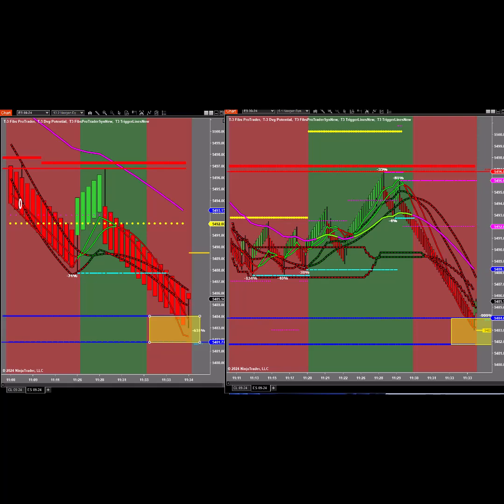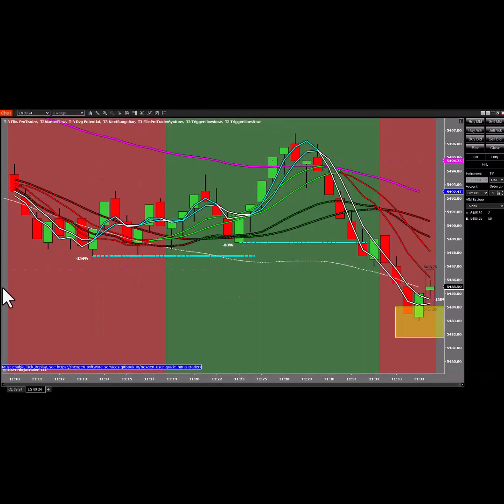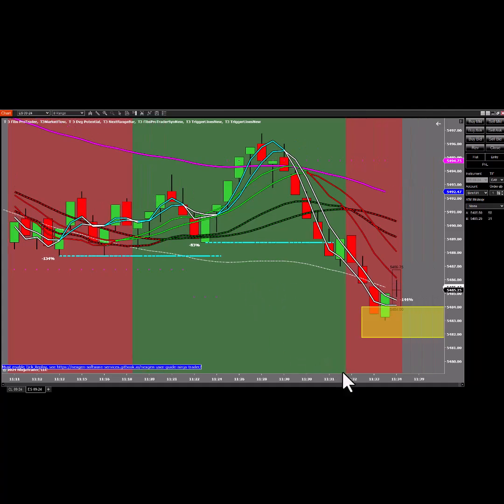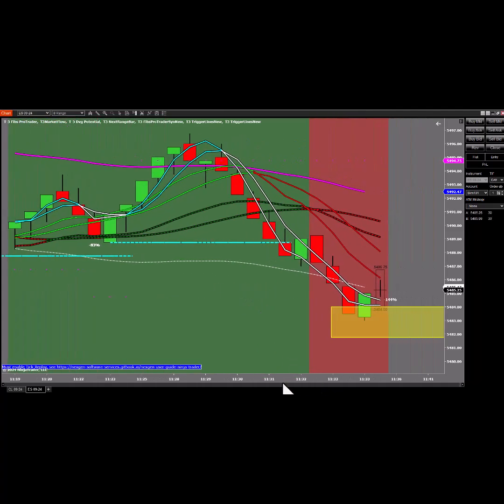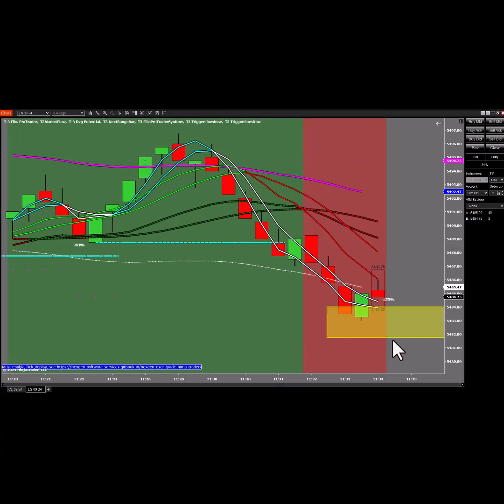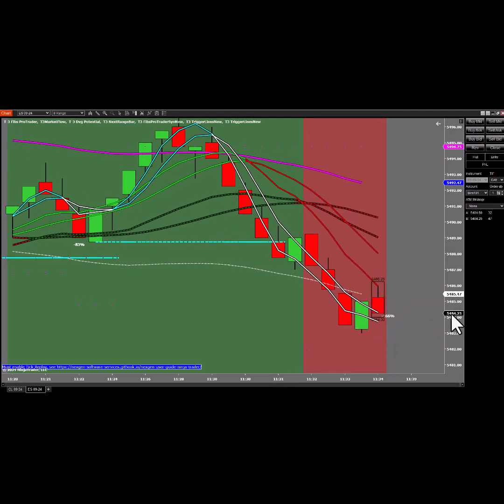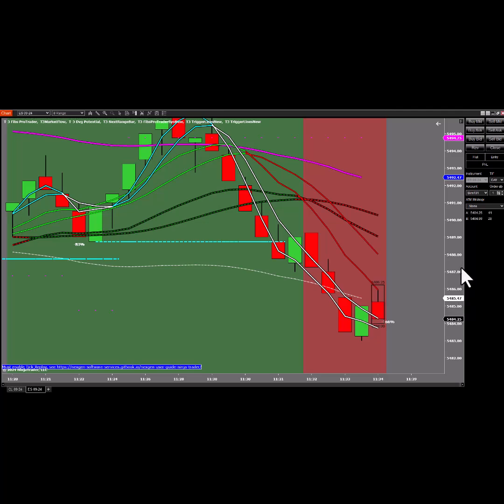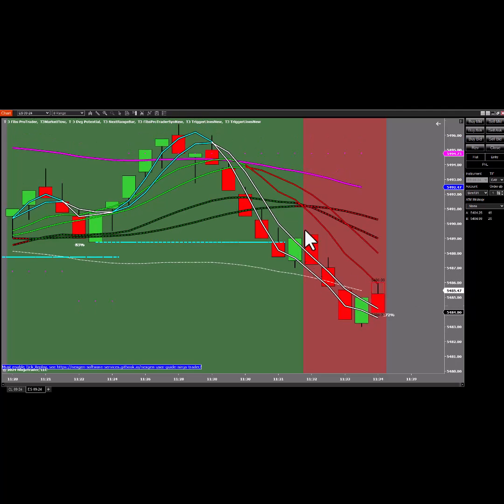All right. Let's take a look at what happened on a range chart. See if there's anything. I mean, we knew they were going down with pretty high certainty. We only had one possible one up, one down right there.